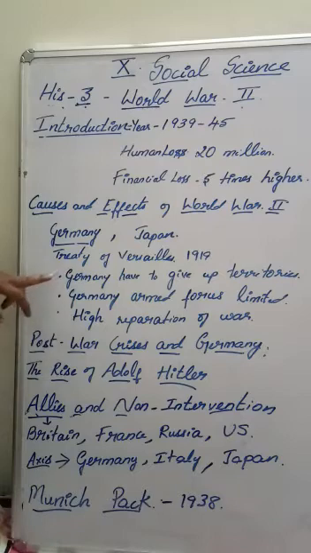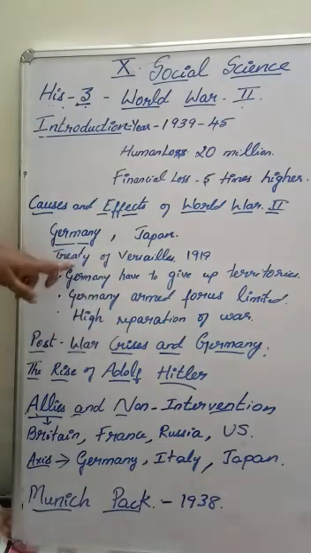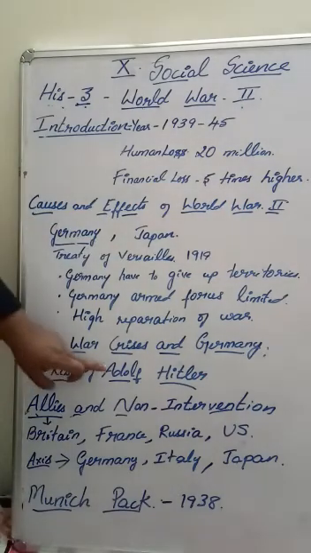Germany, as I told you, experienced high unemployment and also severe inflation, and Germany's currency became worthless. Because of this, Germany was unable to pay the reparation given in the Treaty of Versailles. And now we'll move on to the rise of Adolf Hitler.